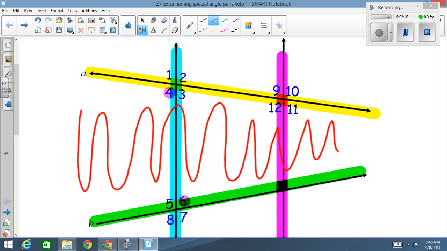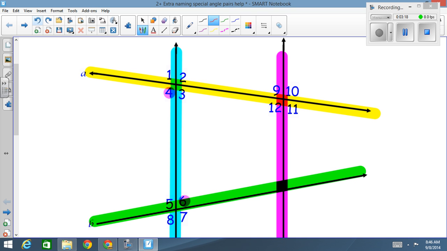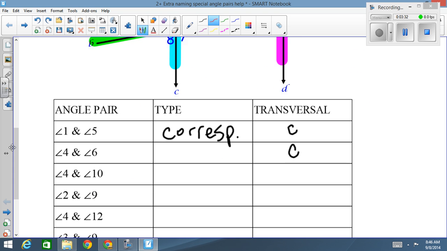Angles 4 and 6 both fall on the interior, so I know it's going to be an interior angle. The question then becomes, are they alternate interiors or are they same side interiors? Because they fall diagonal from each other on the transversal, we're going to call these alternate interior angles. That's going to be my little angle marking there.